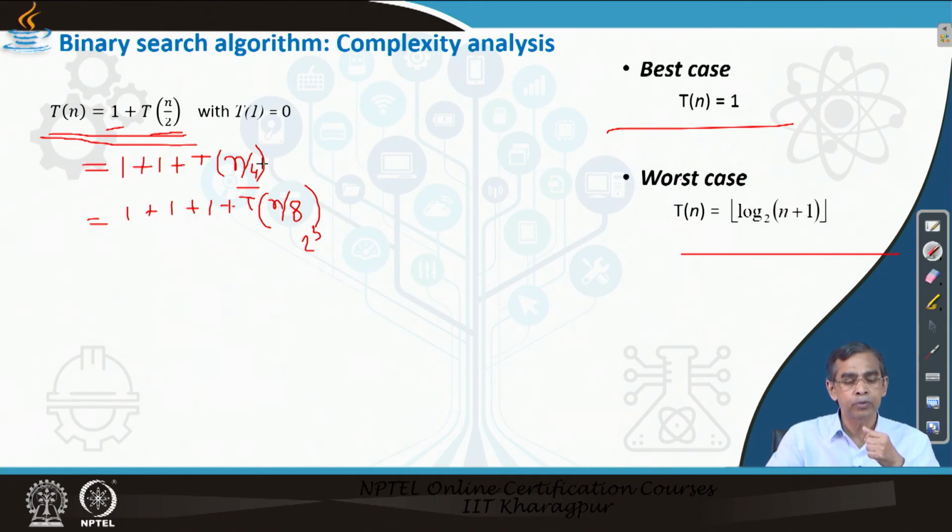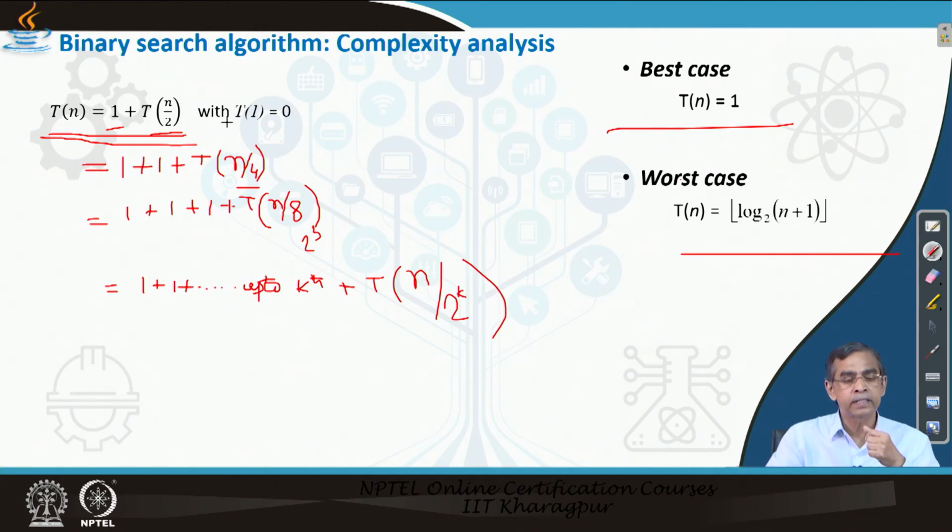So 2 to the power 2, 2 to the power 3, and if we continue this way, 1 plus 1, up to the kth 1, and the next will be T n by 2 to the power k.